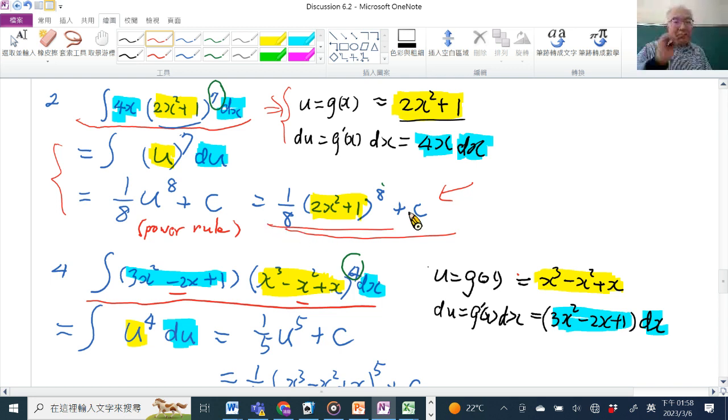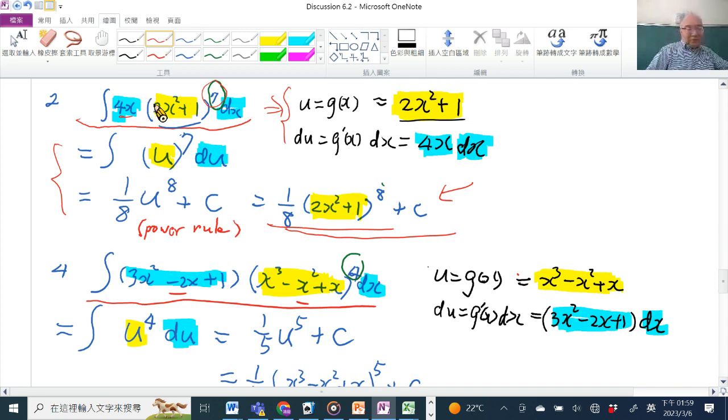If you take the derivative of this part, you have 8 to the front, crossing away with 1/8, and the power becomes 7. Inside is a composite part, so you need g prime, and g prime happens to be 4x, so we do have that one.